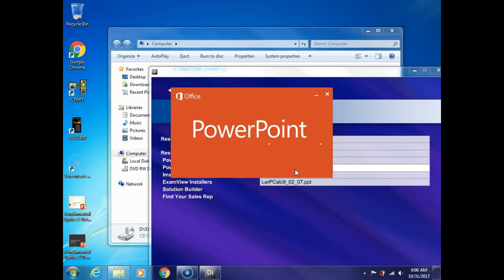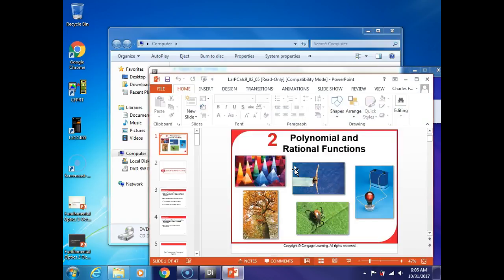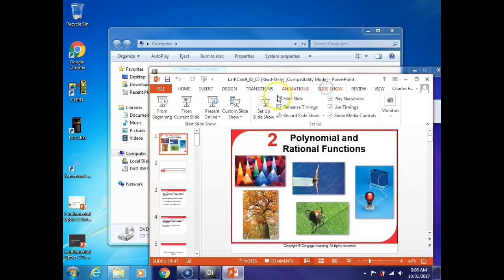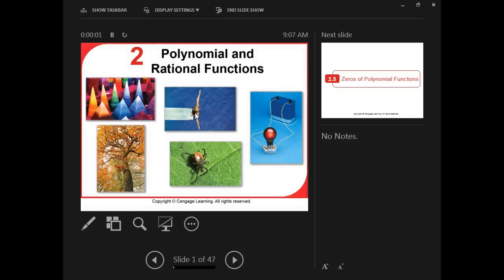All right, don't have a lot of time, but we have a little bit. Oh, I have to wait until it boots up here, and then I have to do slideshow from current slide or from beginning, one or the other. Then it comes up. My computer didn't go through all that.